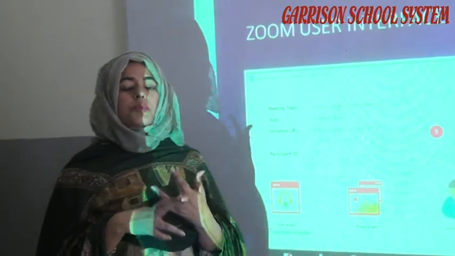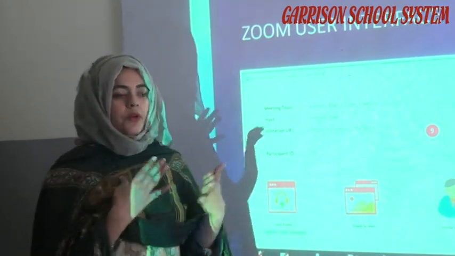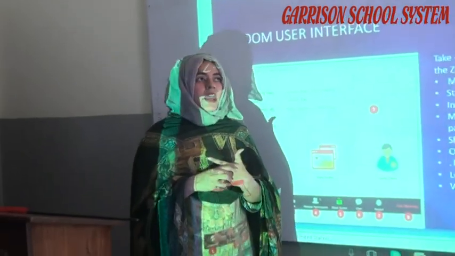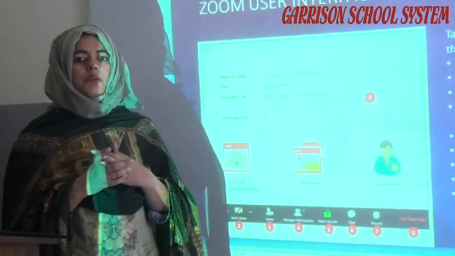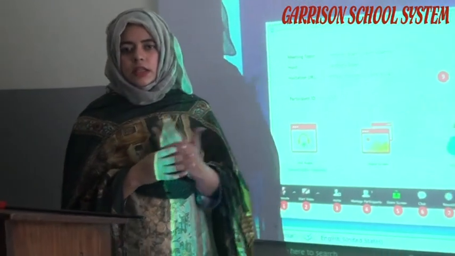We will be sending you the notes through WhatsApp, so you have to make sure that you are following the lectures plus your notes through WhatsApp. And if you still find any confusion, I give you 2 numbers which you are going to use.